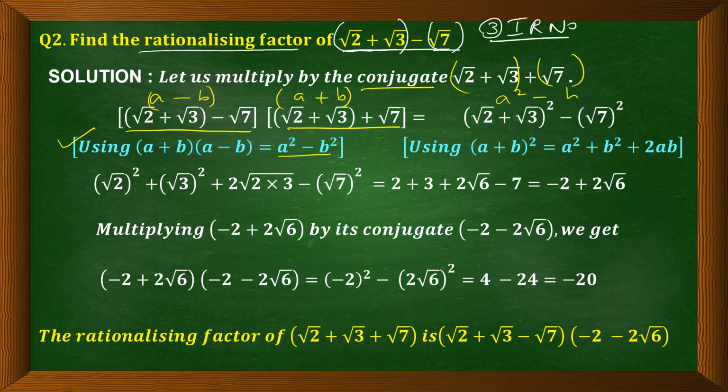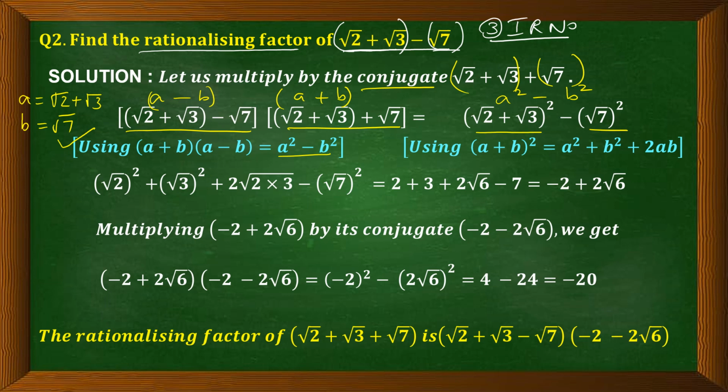Over here, a is root 2 plus root 3 and b is root 7. So in the identity we shall put the values. A square is the square of root 2 plus root 3 and b square is the square of root 7. So we have got a square minus b square.